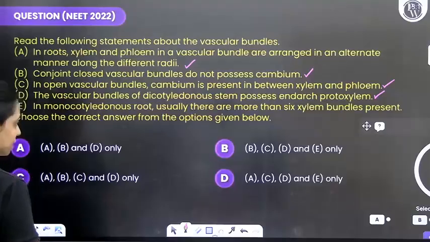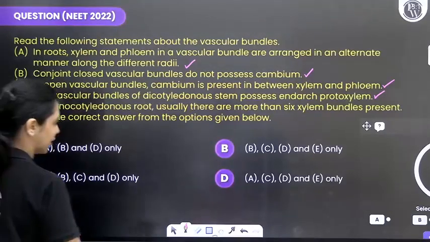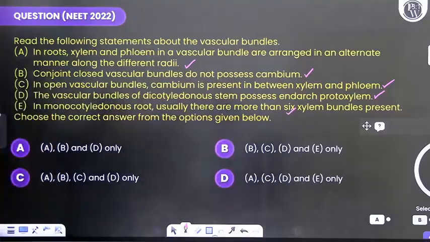Huh. Where did I make a mistake? What did I not read correctly? It is in an alternate manner along different radii. That's why it's radial. Conjoint closed vascular bundles don't possess cambium. Where did I go wrong? Vascular bundles of dicot stem.